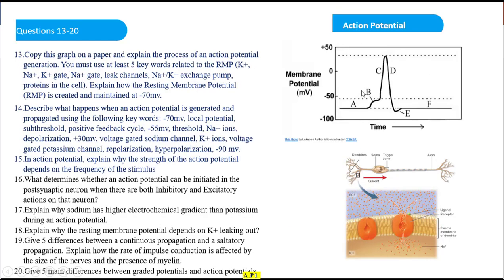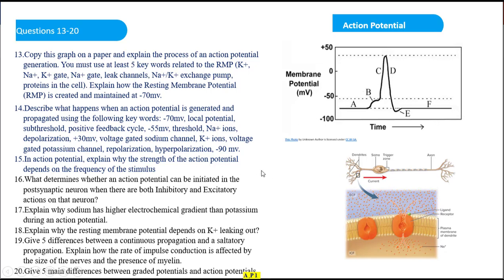So here we need to know how to do this graph. When you look at this graph, you should look at the A and say, okay, negative 70, and then B, graded potential or local potential, C, depolarization, D, repolarization, E, hyperpolarization, and F, resting membrane potential.